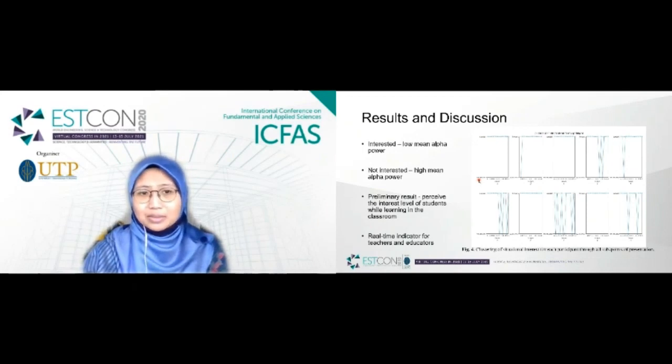So this preliminary result can be used as a primary idea to develop an instantaneous automatic system to perceive the interest level of students while learning in the classroom. This result can also be a real-time indicator for teachers and educators to check the students' interest level during the learning session.